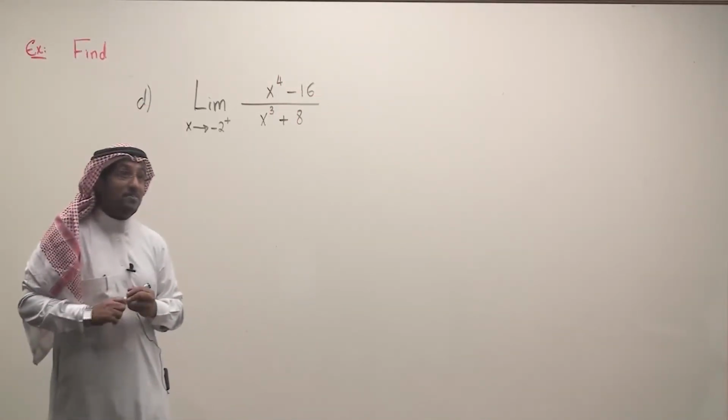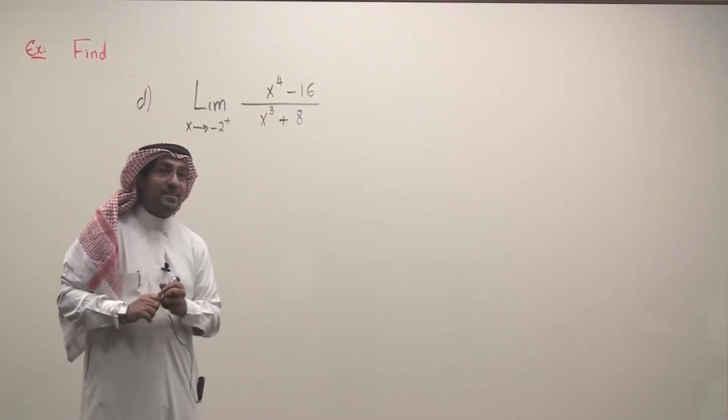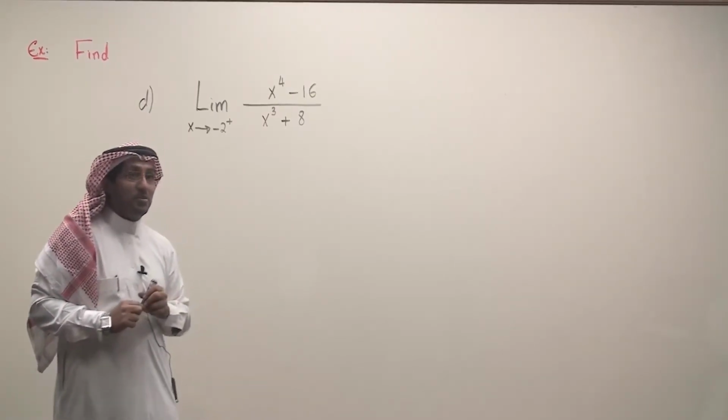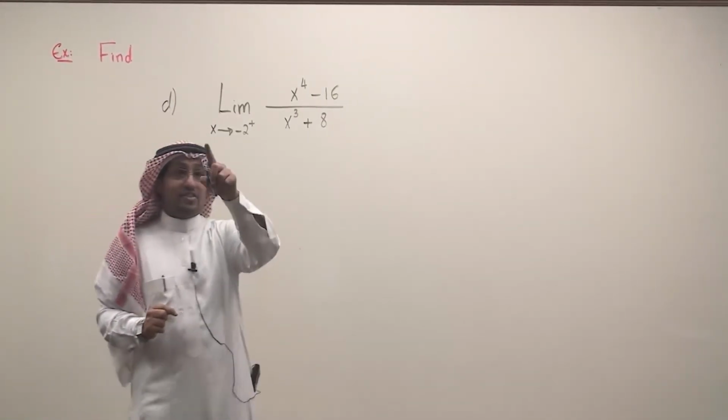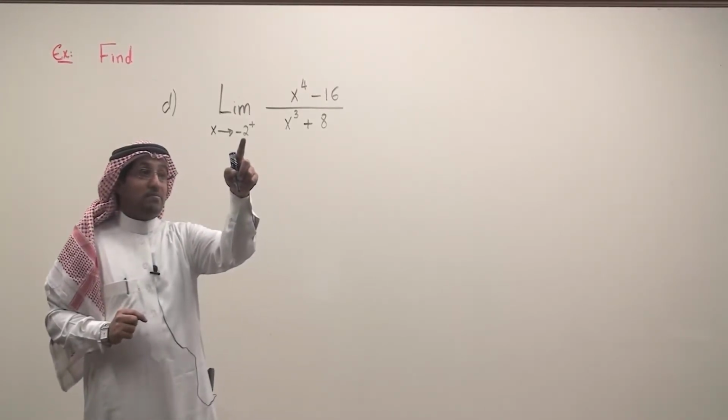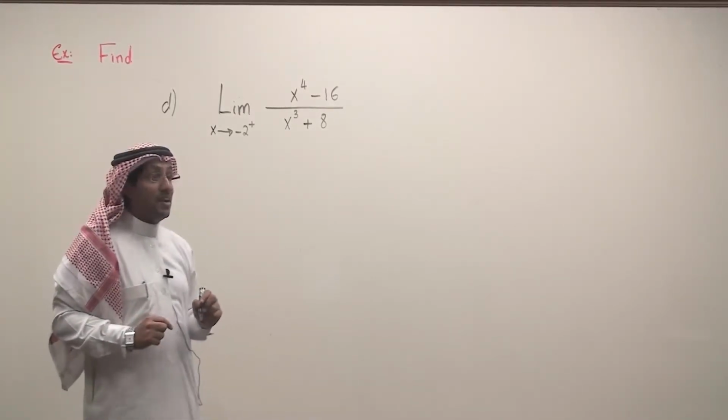Finding the limit of x to the power 4 minus 16 divided by x cubed plus 8 as x goes to -2 from the right hand side.